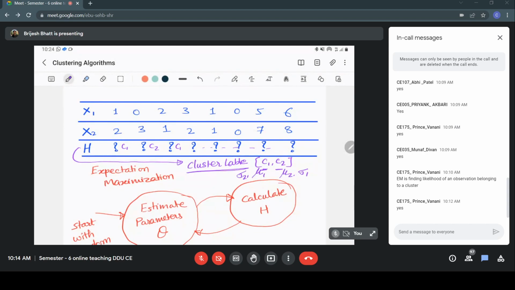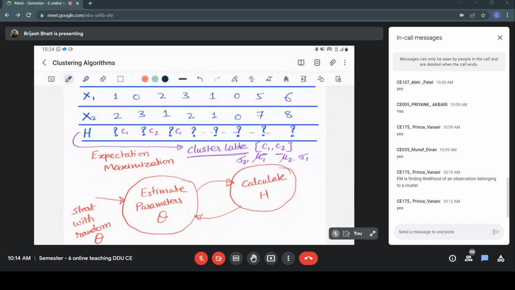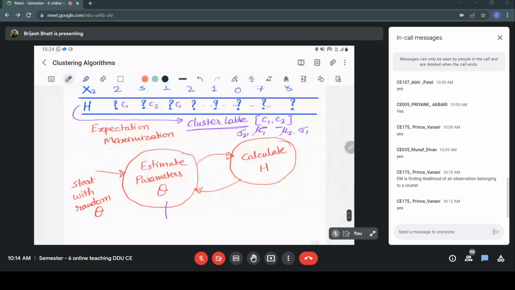So randomly start with two clusters and estimate the mean value. So that becomes mu and sigma. So that becomes your new cluster head. So initially start with two assignments, C1, C2. That is your initial estimate of the parameters. Based on your initial estimate of the parameters, assign a cluster to every data point, that is, calculate h. So this is the initial cluster head.